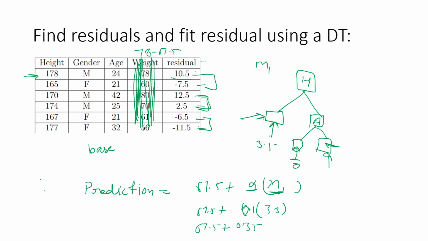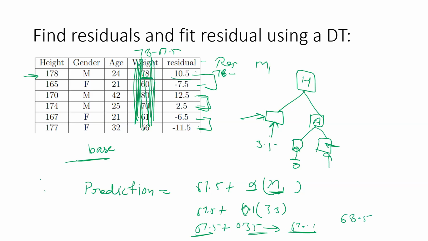Remember the actual label was 78 and the first model was giving the prediction 67.5. Now we have a better prediction, 67.5 plus something. Better performance. So we keep on doing this again. This is the prediction, right? We will find the residual again. The 78 was the actual label minus what this model gives, let's say 68.1.